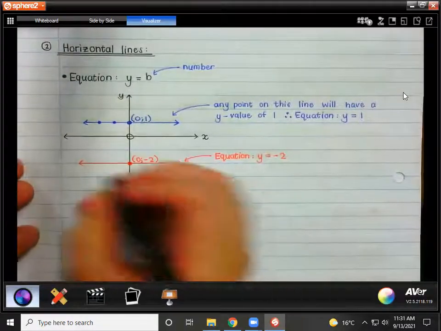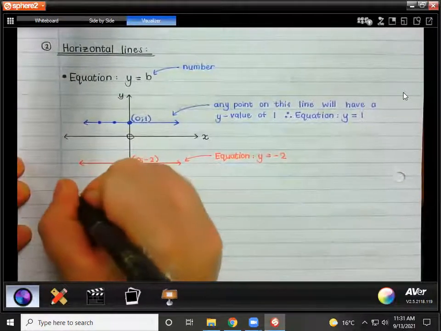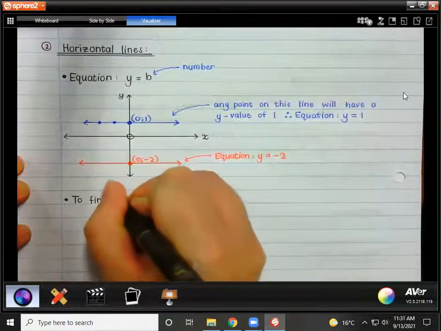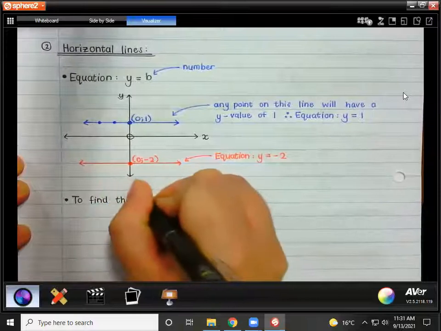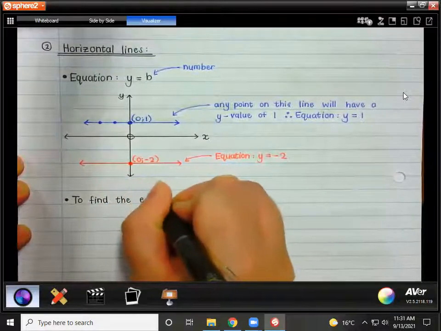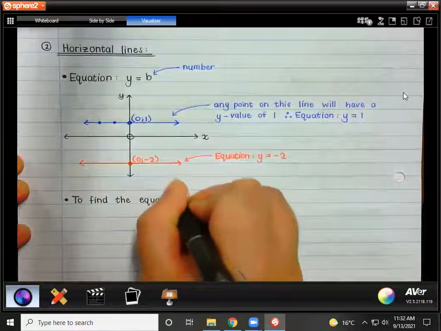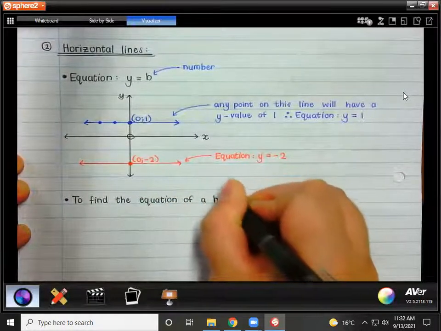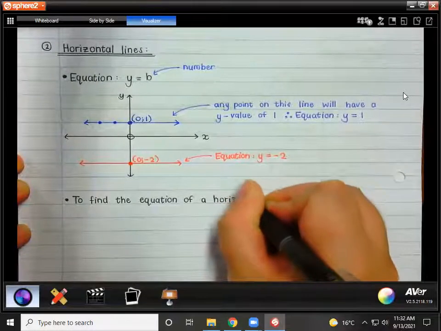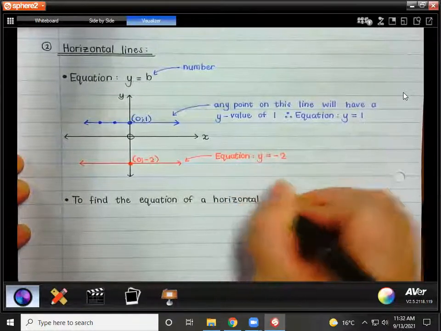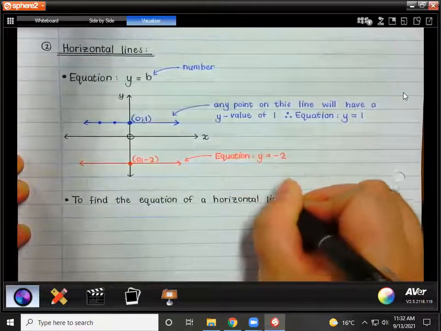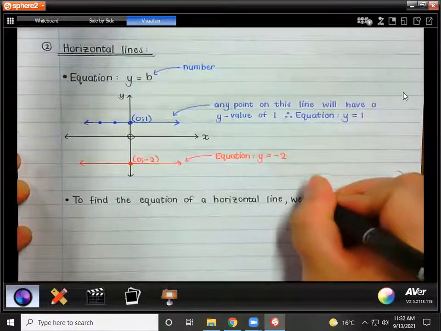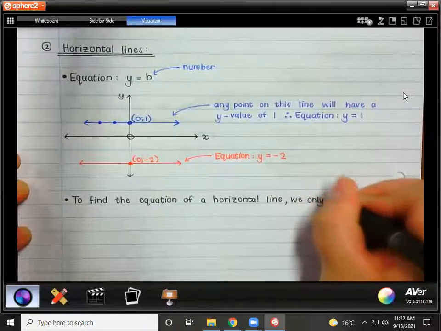Okay, so let's write a little thing down here to find the equation of a horizontal line. We only need one point on that line.